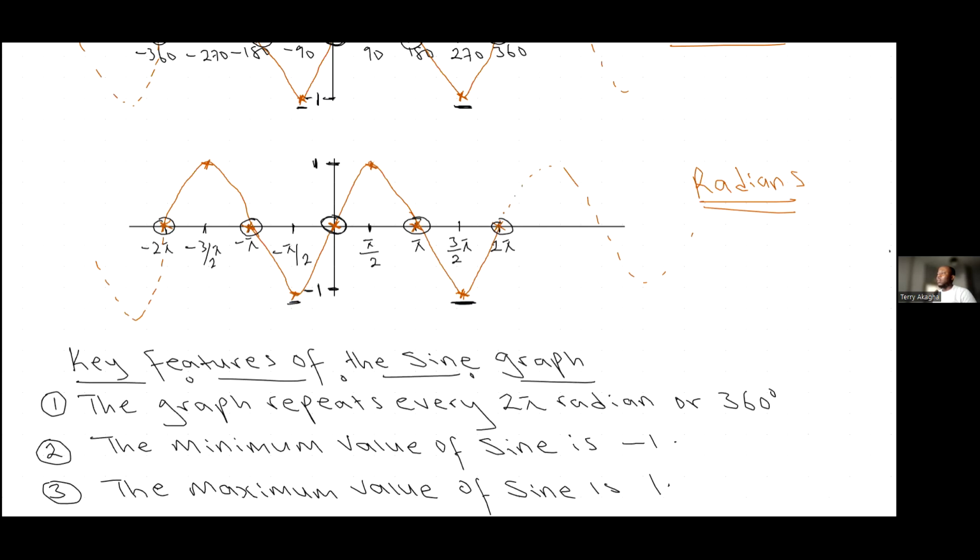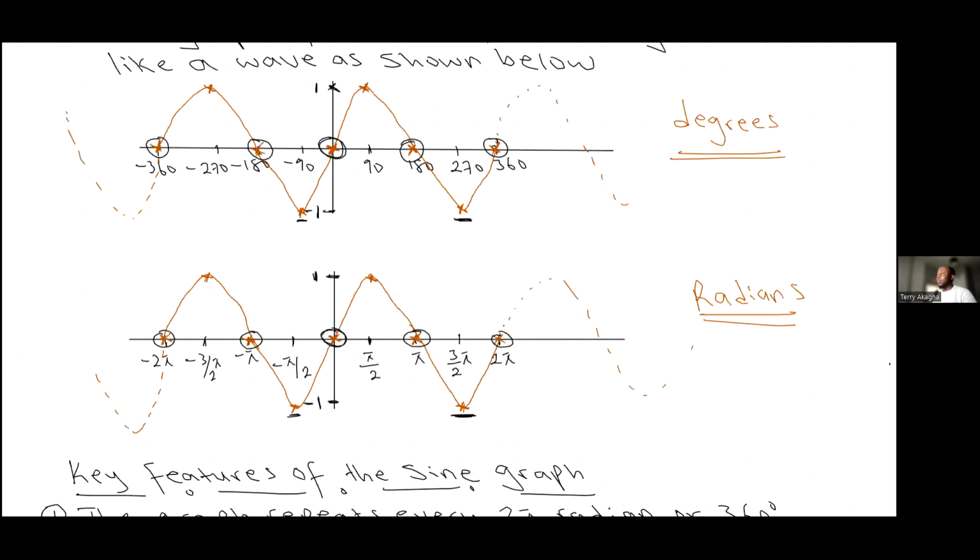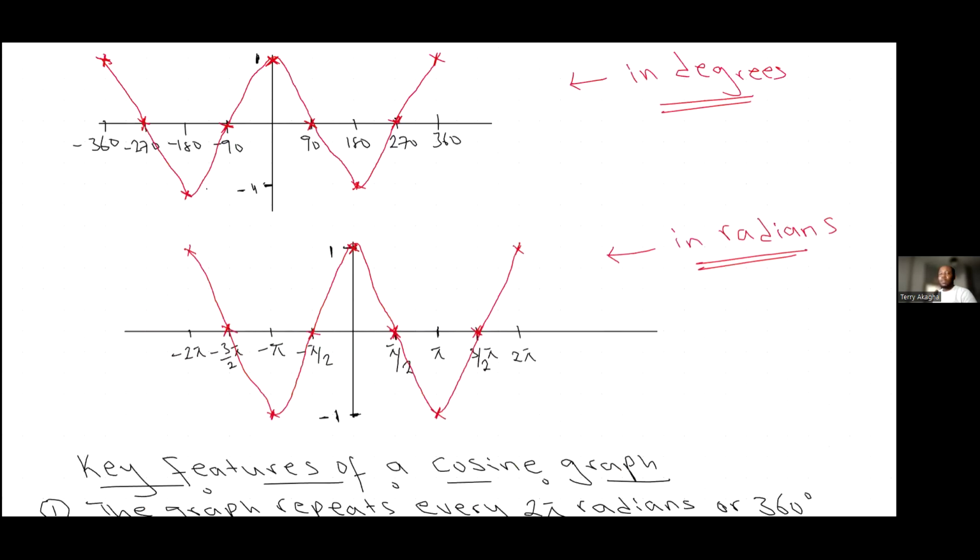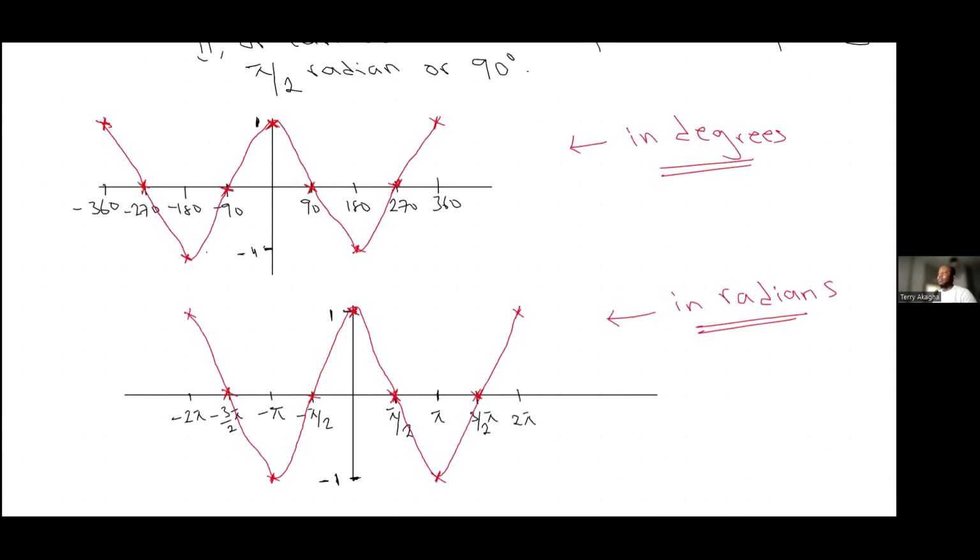But in a cosine graph, it's a little bit different. It crosses here at pi over 2, or 90 degrees. So it crosses at 90 degrees and at pi over 2.